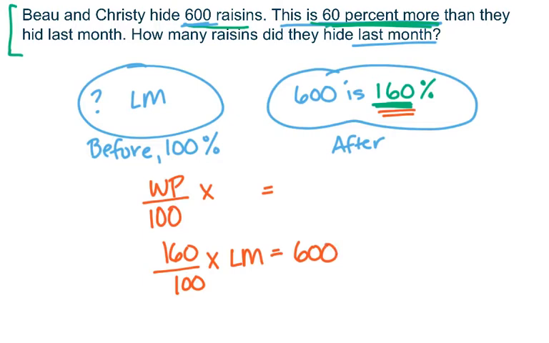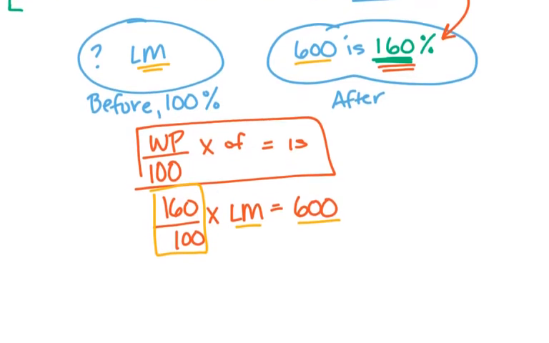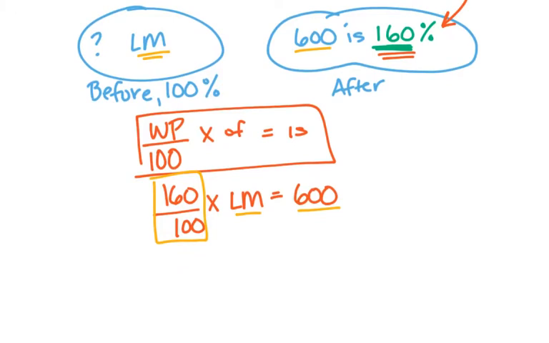So again, we found this by using our what percent of is formula. And they told us the 60% more, the secret to that more is adding 100% in. So we have 160% written here, and 160% of last month's will equal 600.